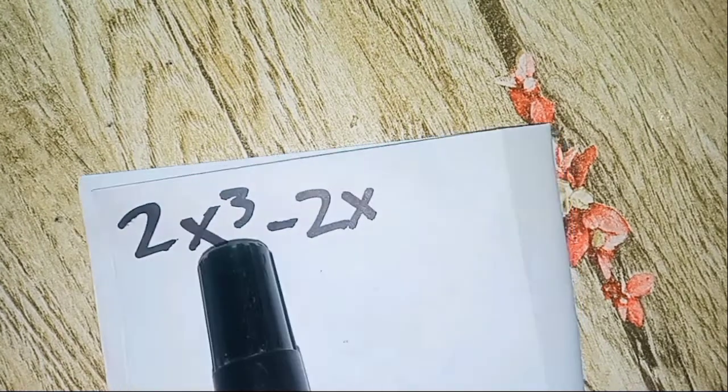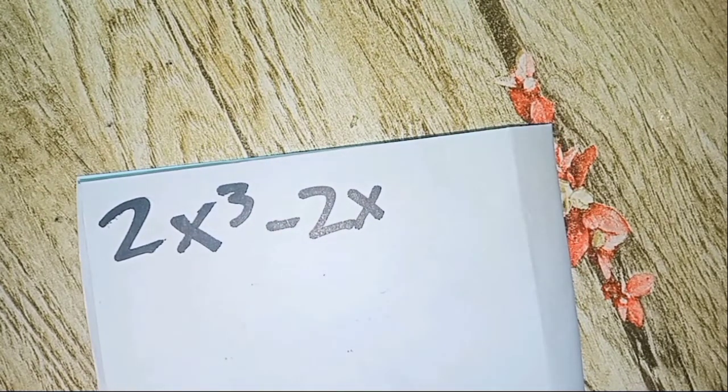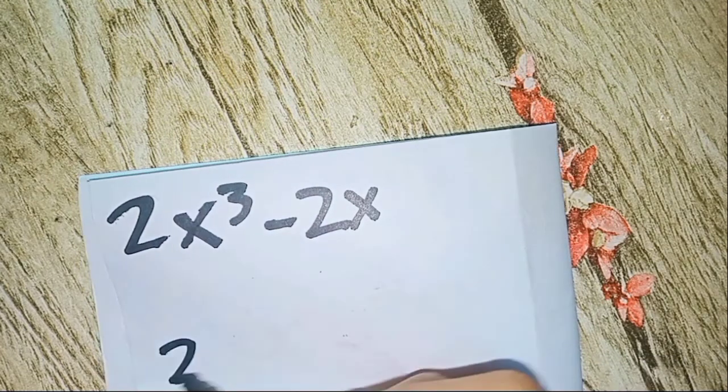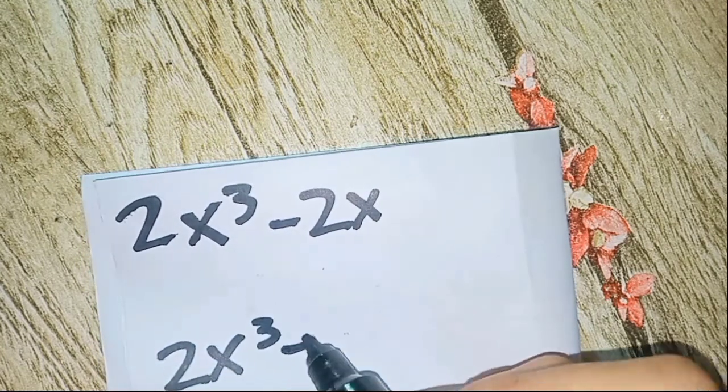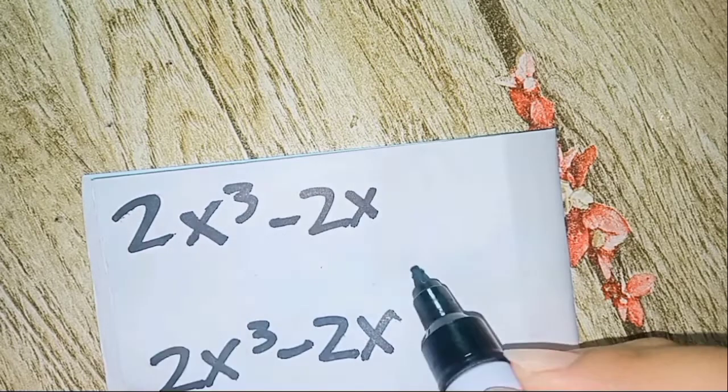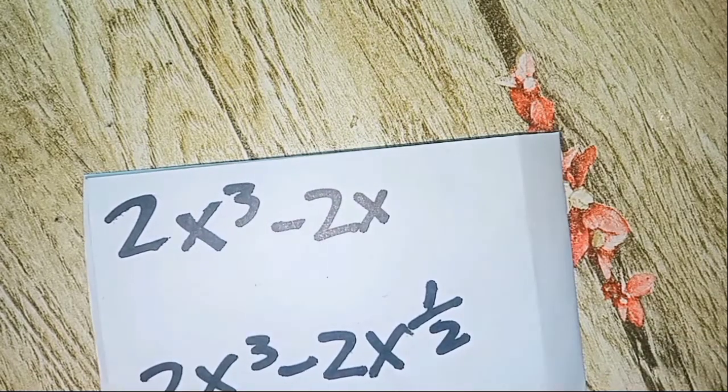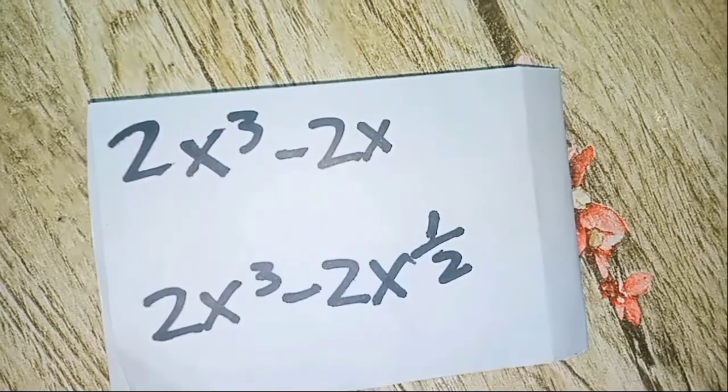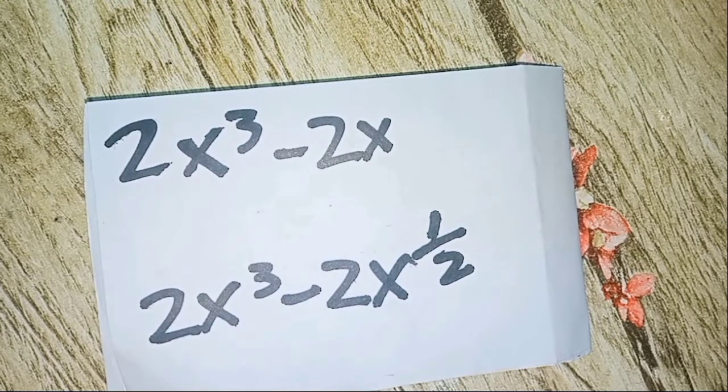So, 2x cubed minus 2x is a polynomial function. Kapag naman naging 2x cubed minus 2x raised to 1 half, this is not a polynomial function. Bakit? Kasi sabi nga natin kanina, polynomial function has no fractional exponent.